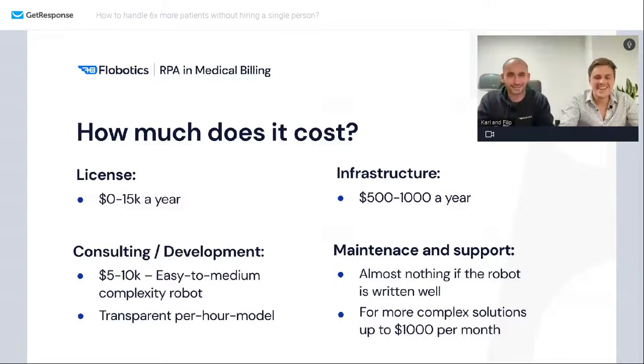Don't try it. And for more complex solutions, they can get pretty complex. Reporting and analysis and communications, logistics between various applications, databases. So the support, upkeep, and bug fixing can be extensive. All right.